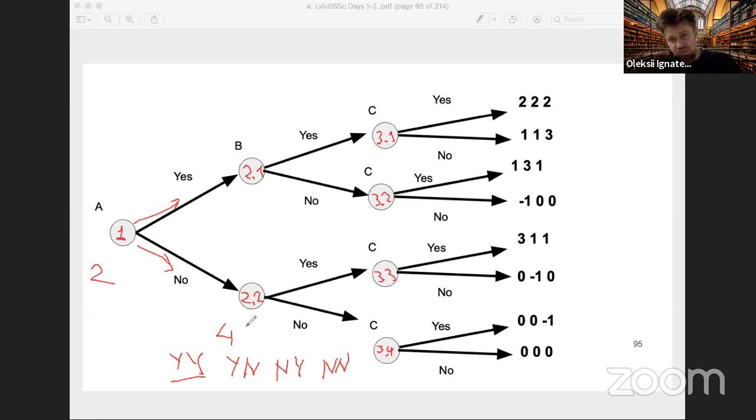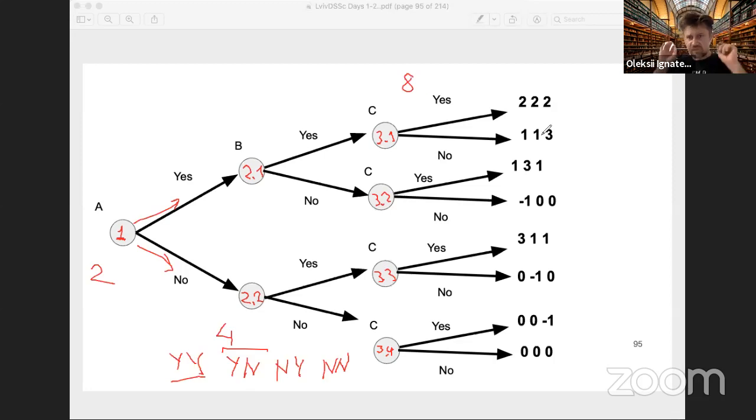So I always give money. It's two actions for 2 yeses. And here it's: I give money if A gives money, and I do not give money if A does not give money. So it's yes-no, and so on. So for B we have 4 strategies, and for C we have 8 strategies.